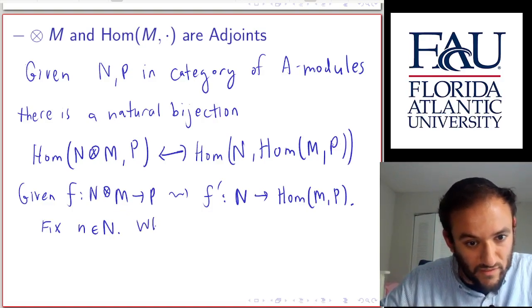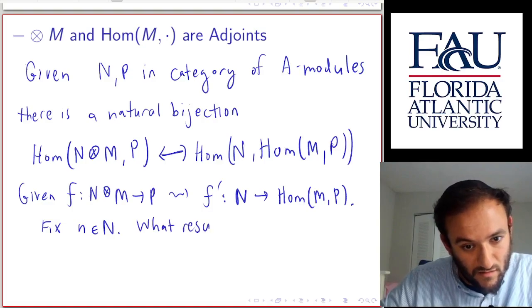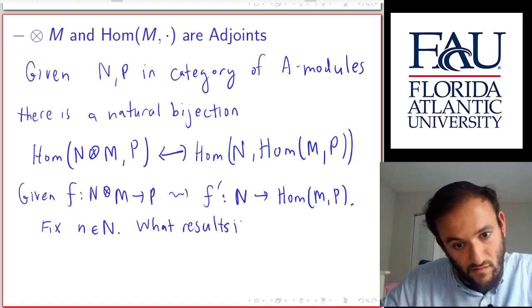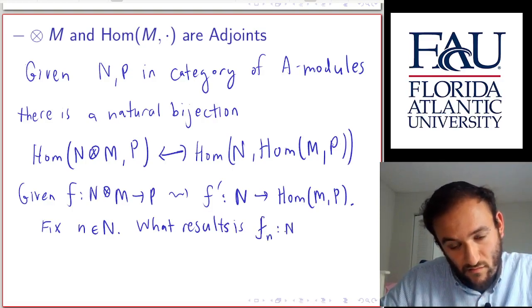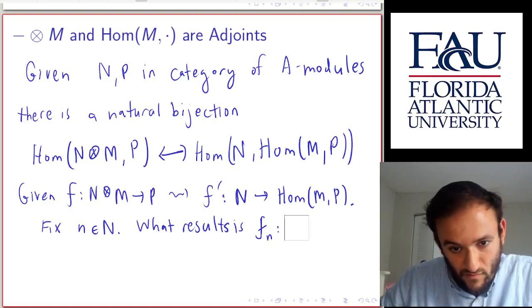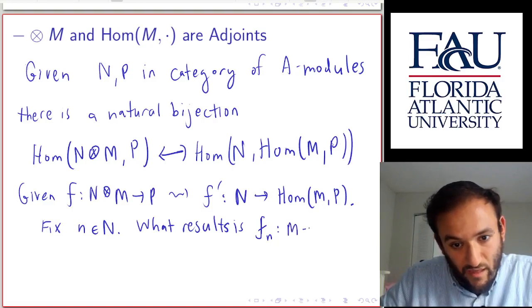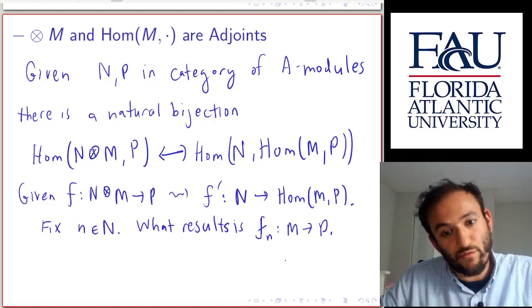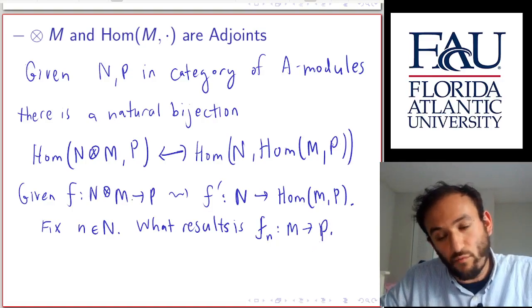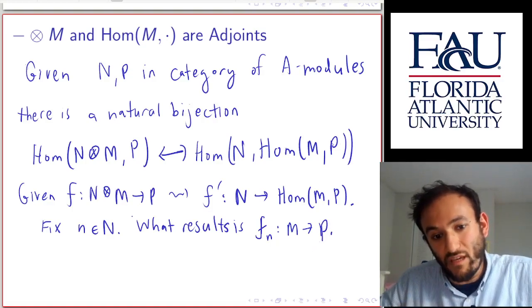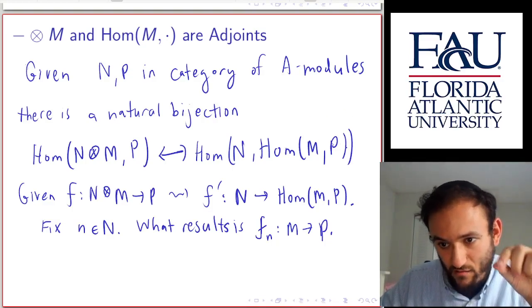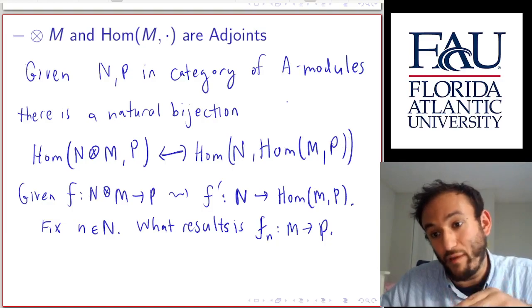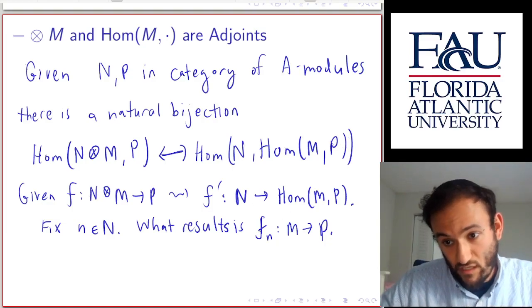Then what results is F_n mapping M to P. So this A module homomorphism F from N tensor M to P, when we fix a particular element of N, gives us a map from M to P, much as we need.